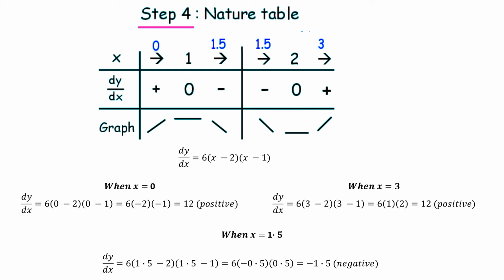So make sure, if you do write numbers above the arrows, that you show your working. Now, if you don't write numbers above the arrows, you don't need to show all of your work in there. You can just type it in your calculator if it's a calculator paper, get your answer and fill in your nature table. So just to summarise quickly, make sure if you do put numbers above the arrows that you show these steps at the bottom here. If you don't have numbers above the arrows, you don't need to show your work in there.